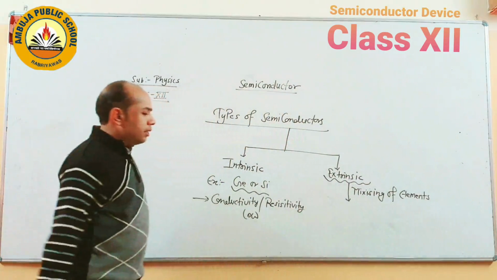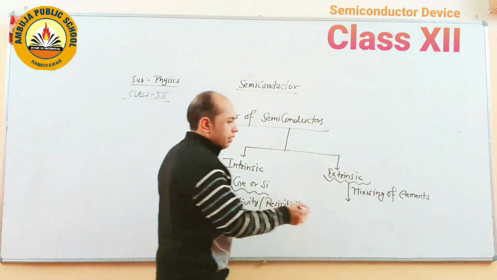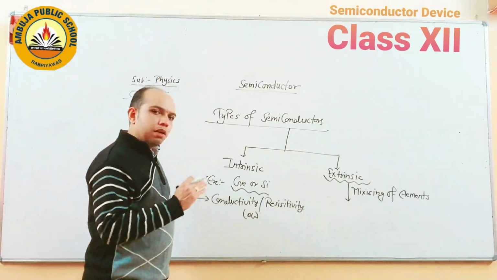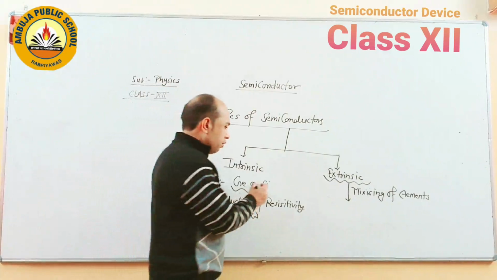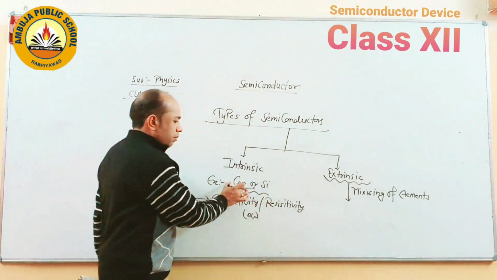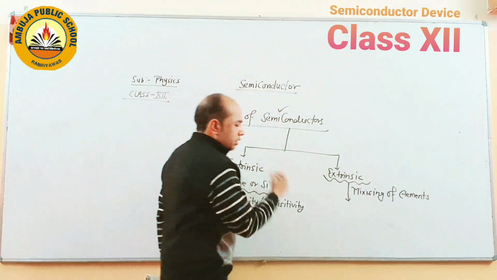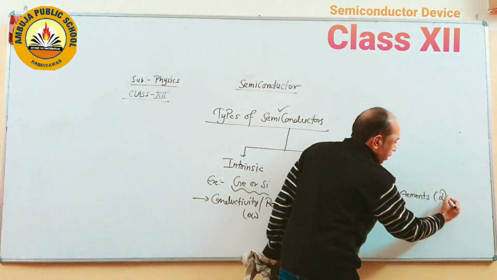If germanium or silicon is mixed with some elements, then it is said to be an extrinsic semiconductor. That means germanium plus some extrinsic element, similarly for silicon. For extrinsic, we have to mix in an element, and this process is known as doping.